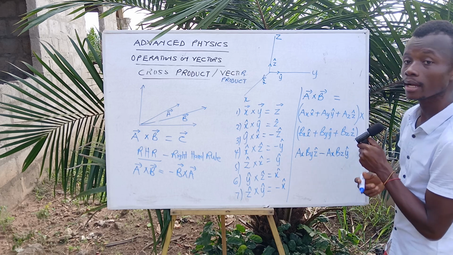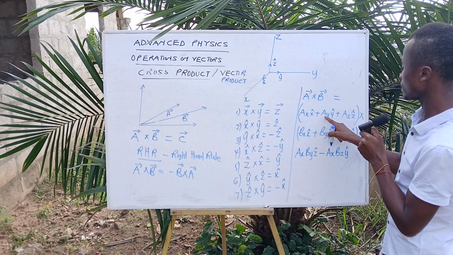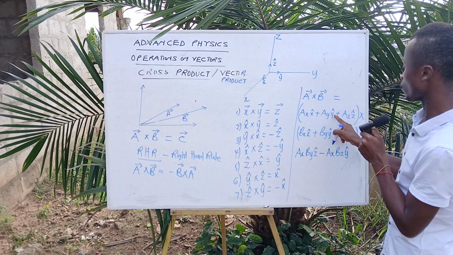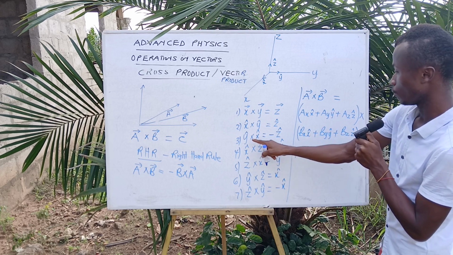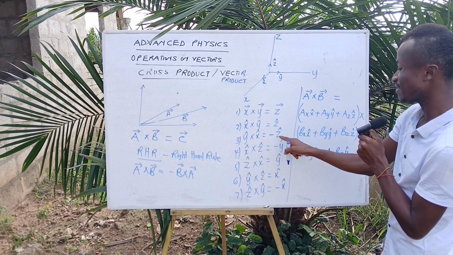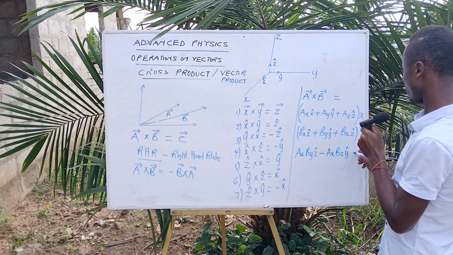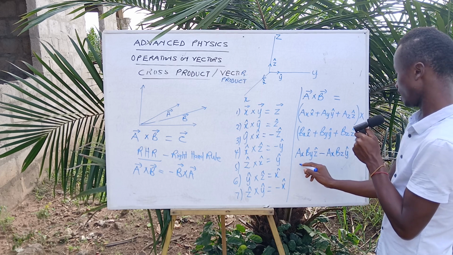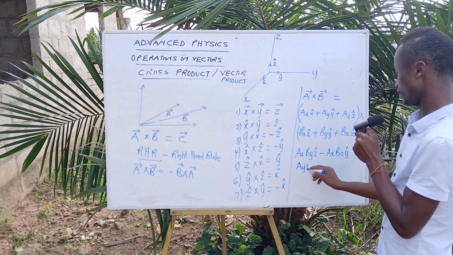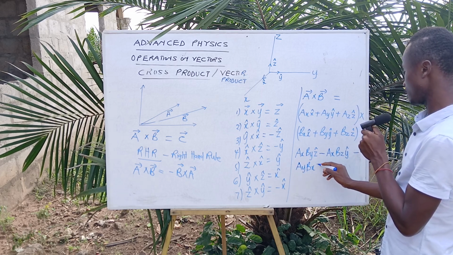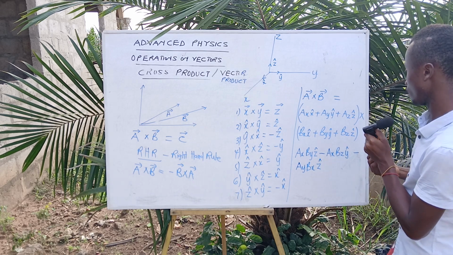Now AY. So we have AY times BX, y-hat cross x-hat. Y-hat cross x-hat will be negative z-hat. So this will give us minus AY BX z-hat with a minus.